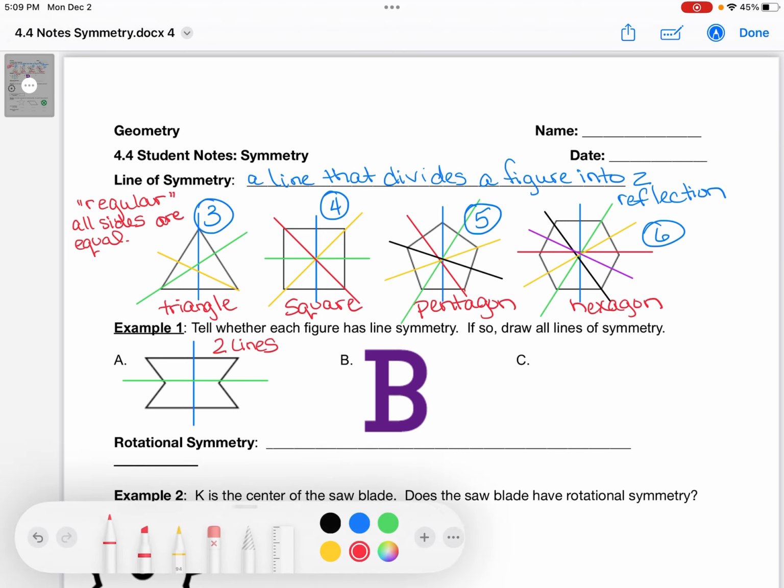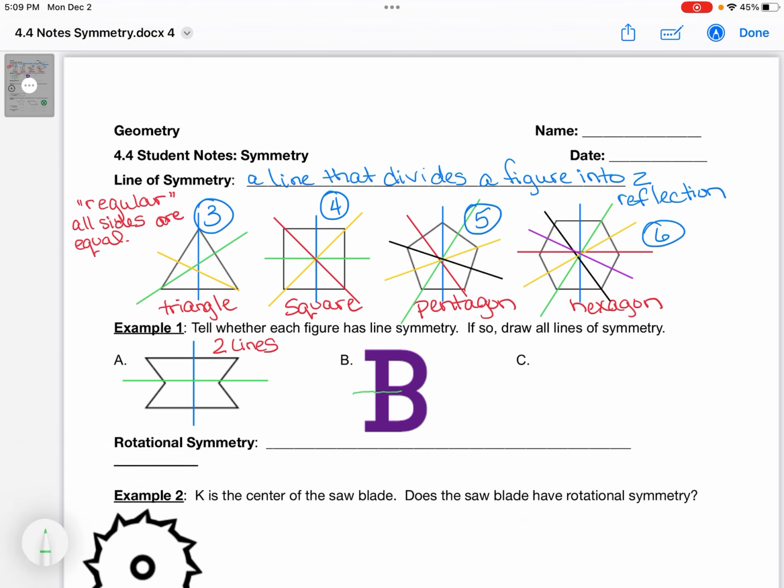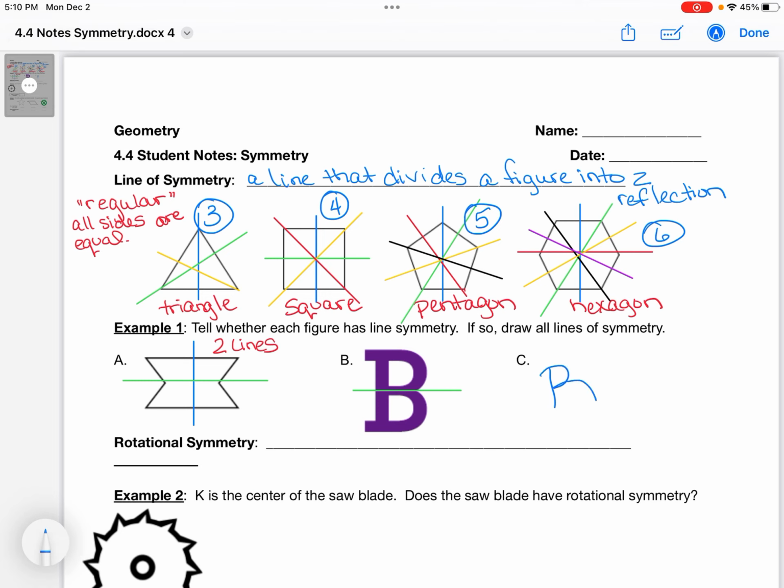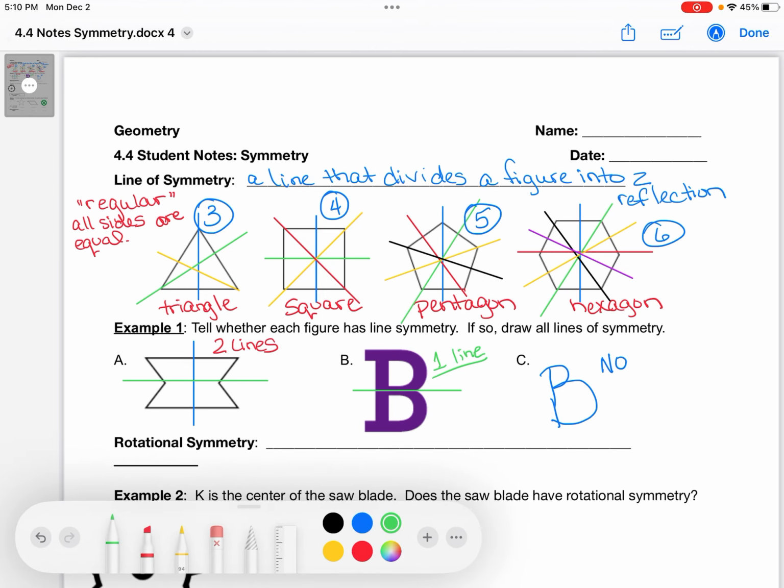Okay. The B has 1 line of symmetry. I'm going to assume that the bottom half and the top half of the B are the same size, which I think they are. But if you drew a B like this, with a big bottom half of the B, this one is going to have no lines of symmetry because if I folded this one in half, they would not be the same.